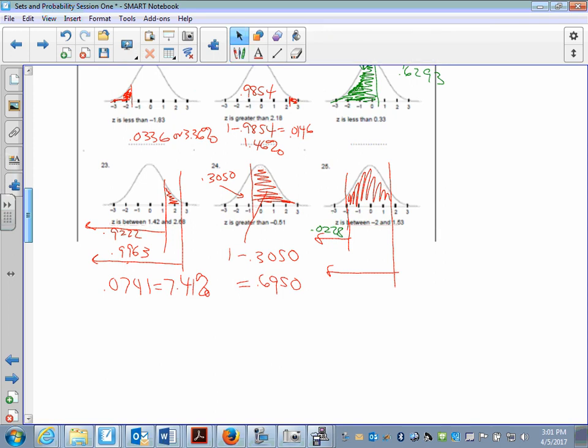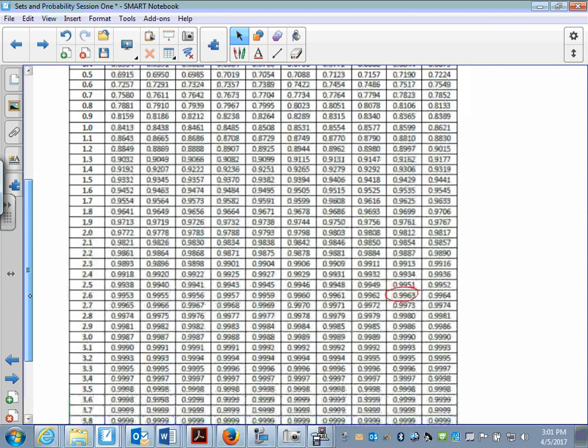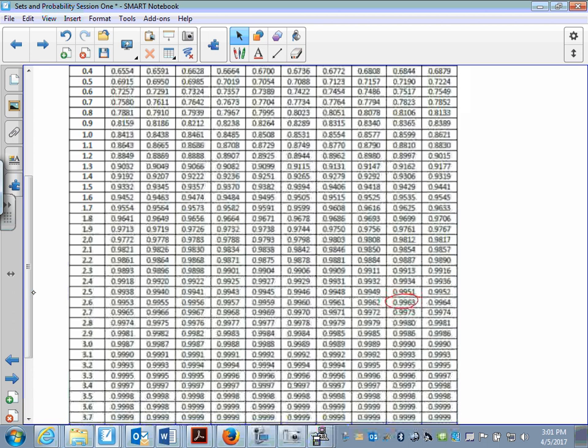Now 1.53. 1.50, 1.51, 1.52, 1.53, 0.9370.